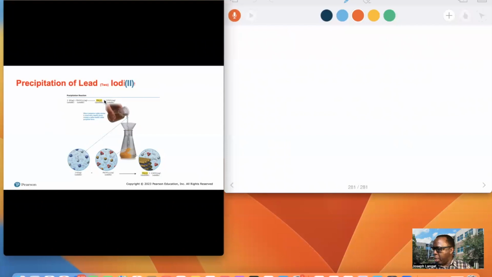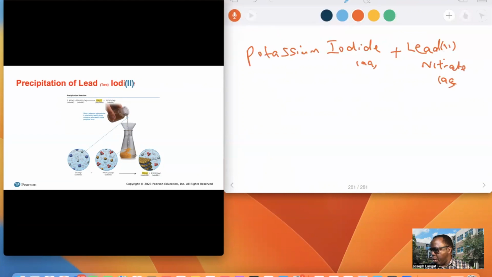Here we have potassium iodide, and it is aqueous, plus lead 2 nitrate, and it is aqueous. Assuming that you don't know what is going to form, this is a double replacement reaction.